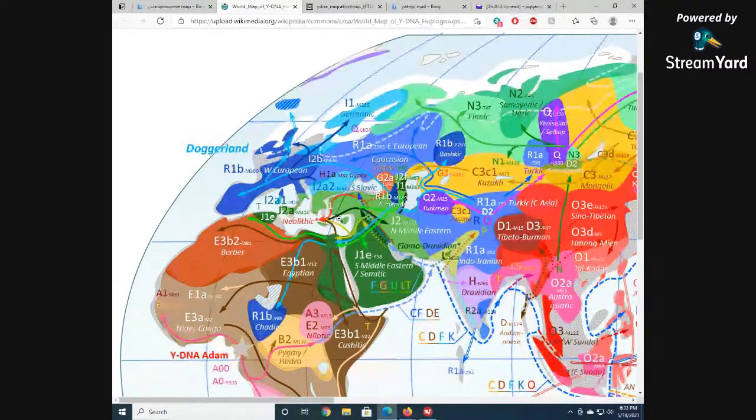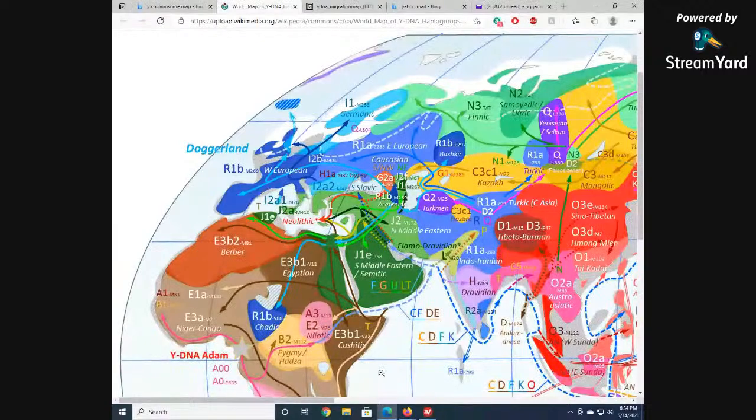So it'd be Lud, Aram, Elam, Asher, and Arpachshad, the five sons of Shem, the grandsons of Noah. So we basically have the Semitic Y chromosomes covered, and the Hamitic Y chromosomes covered, with the exception of Canaan, which would be an E too. It's another E.